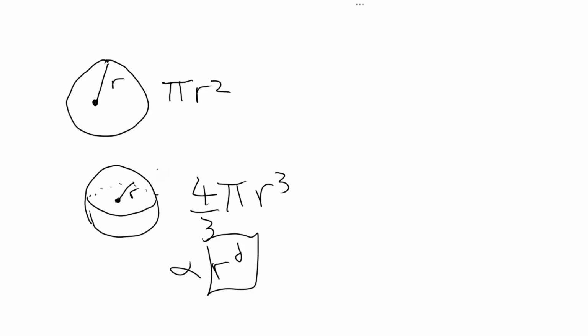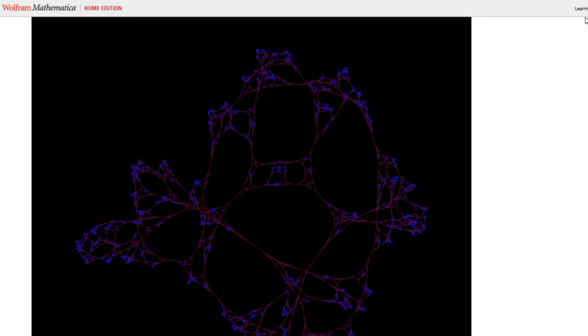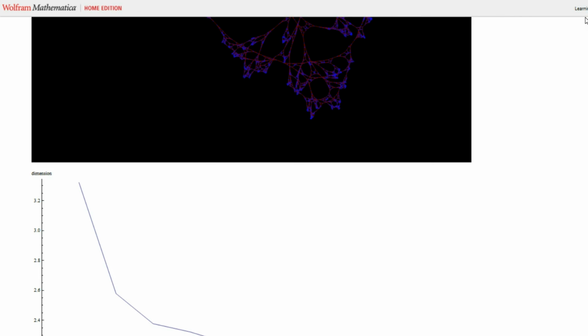Now, this doesn't always happen, and there are some tests to see if it works. But in our case, it turns out that this graph does indeed have a robust dimension, and we can work out what it is. It turns out that this structure doesn't have curvature, and if we just count the number of nodes within a distance r of a given point, then we can try to determine what the dimension d is using some algebra, and this is what we find.